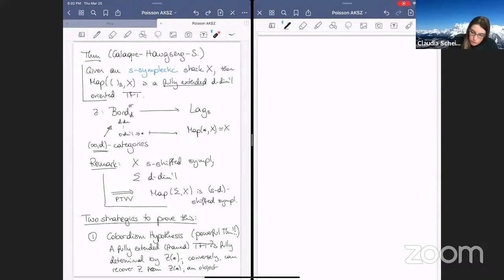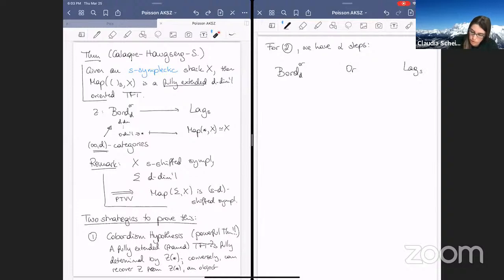Okay, so the two steps, so for 2, we have yet more 2 steps. So we will factor our functor into 2 parts.